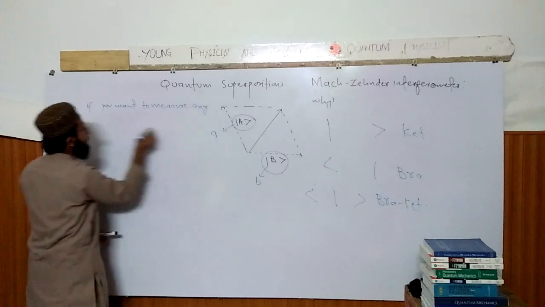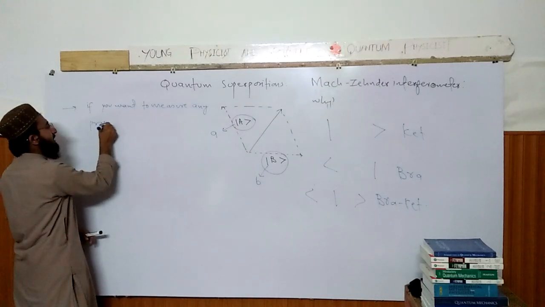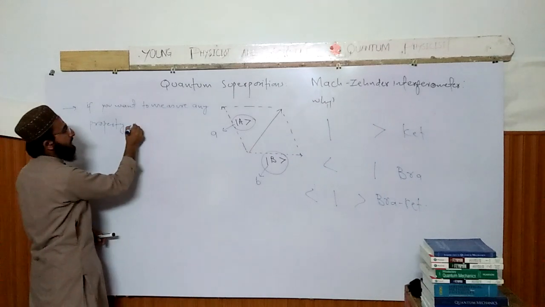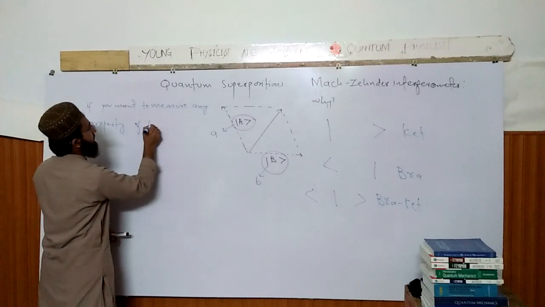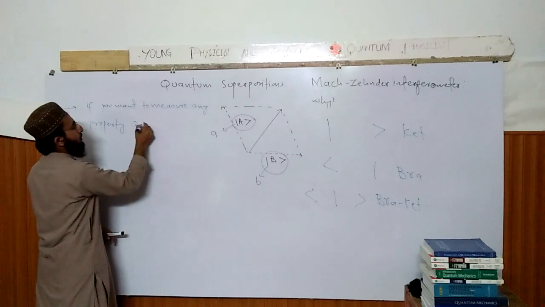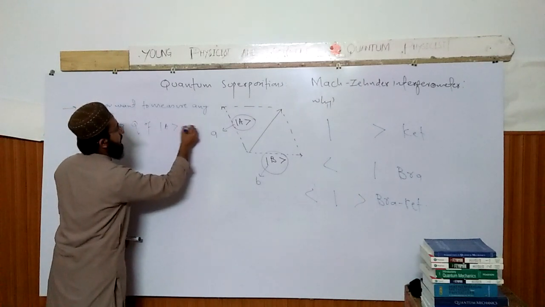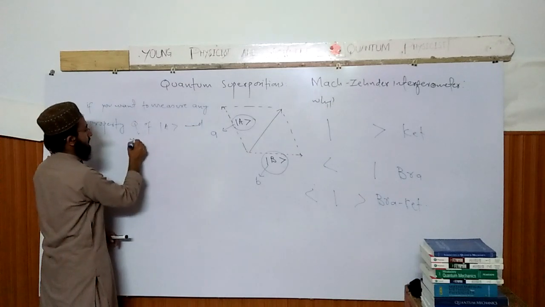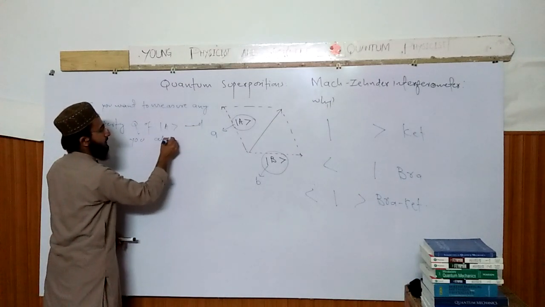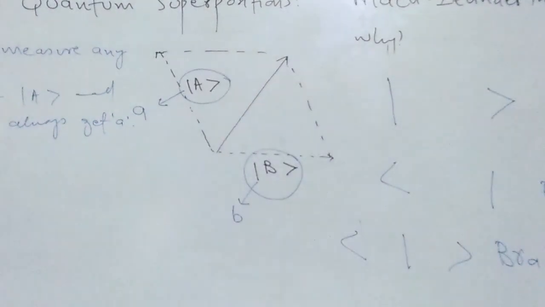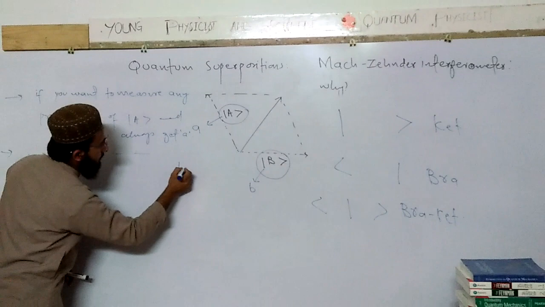If you want to measure any property Q of state A, and you always get small a, and similarly for B.